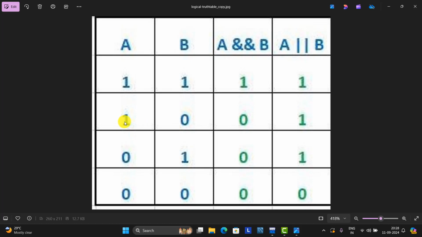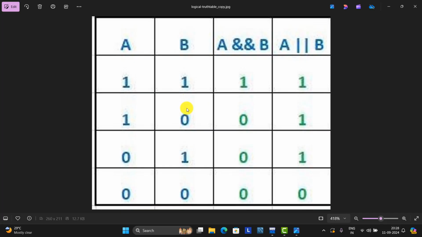So the result is 1. Likewise for 0 and 1. It will return 0 only if both are 0. So A is 0 and B is 0 means logical OR between A and B is 0. Only in this case 0 will come; in the remaining cases 1 will come.